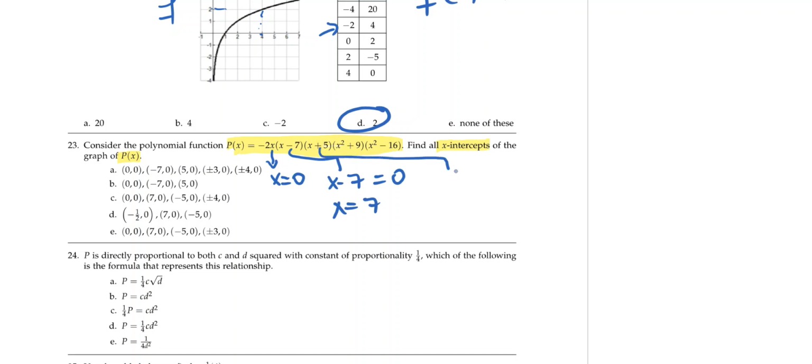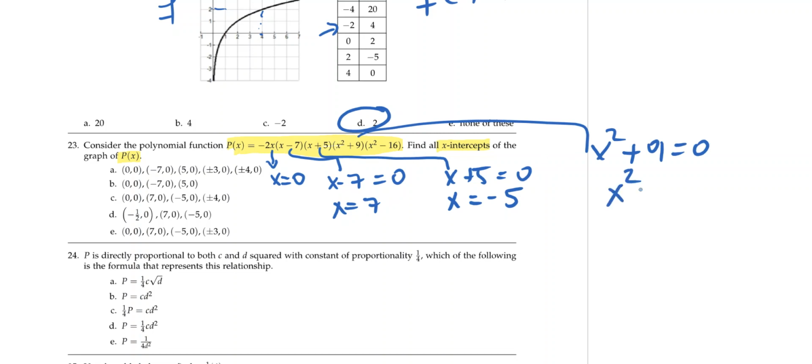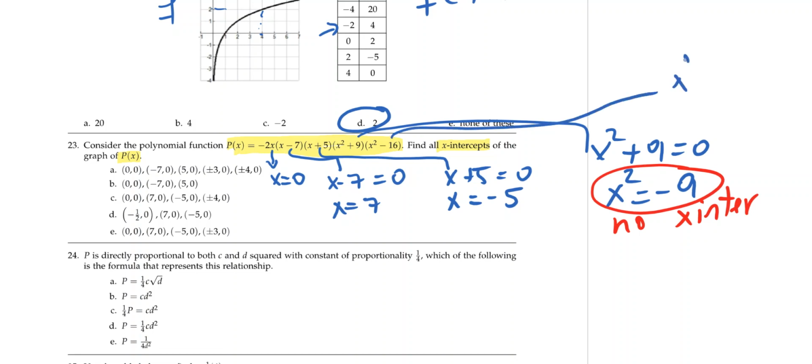From this one, I get that x plus 5 equals 0, which will give you x equals negative 5. From this one, I get x squared plus 9 equals 0, which gives you that x squared equals negative 9. This is not going to give you x-intercepts, no x-intercepts from this one. And then the last one, x squared minus 16 equals 0, will give you that x squared equals 16, which gives me that x equals plus or minus 4.